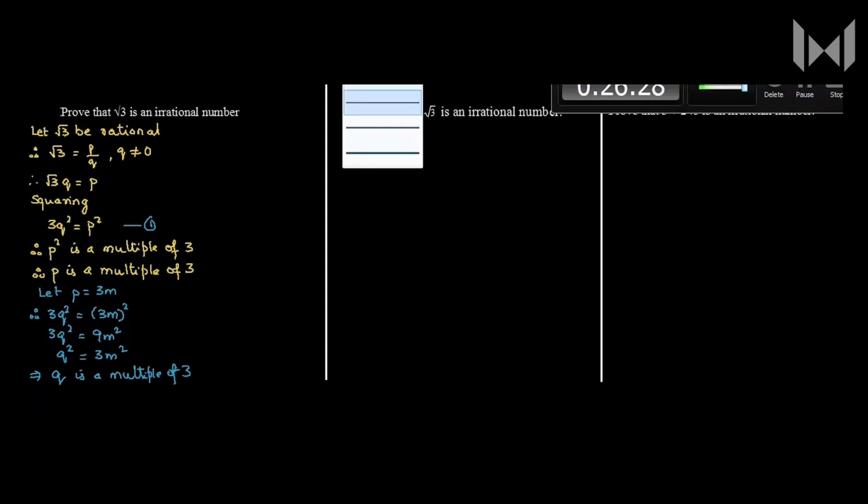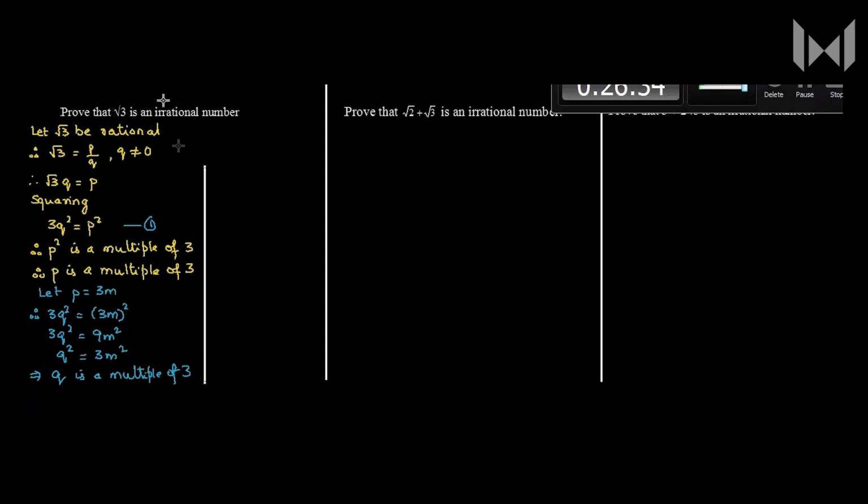Now because q is a multiple of 3, p and q have 3 as a common factor, whereas we know that p and q should have HCF as 1, and therefore p upon q is not rational, and therefore root 3 is irrational.